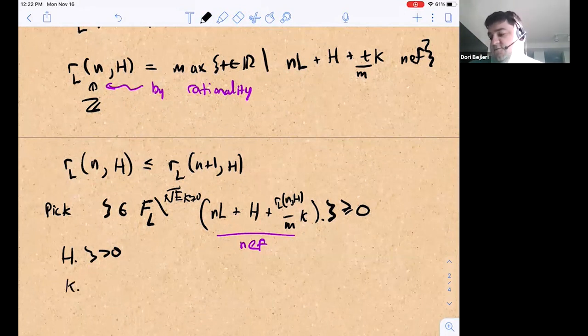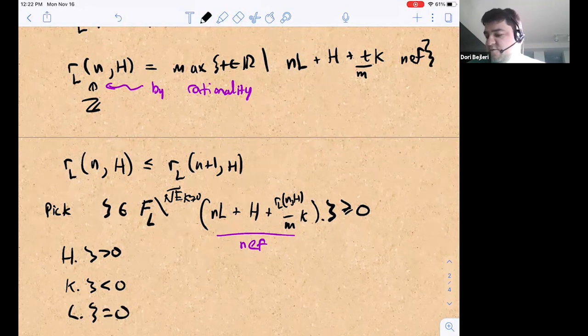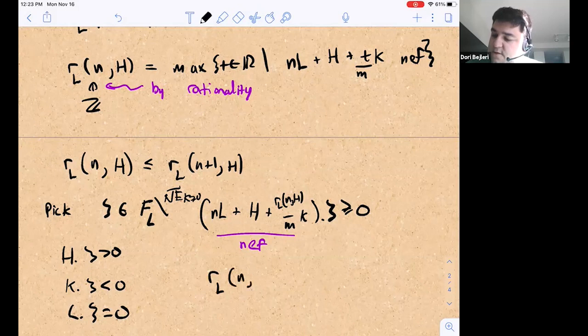We know that K times psi is strictly less than 0. We know that L times psi is equal to 0. And so we can rearrange and divide and we'll get that R_L(n, H) is less than or equal to M times H times psi over K times psi. Okay, so that was the point.